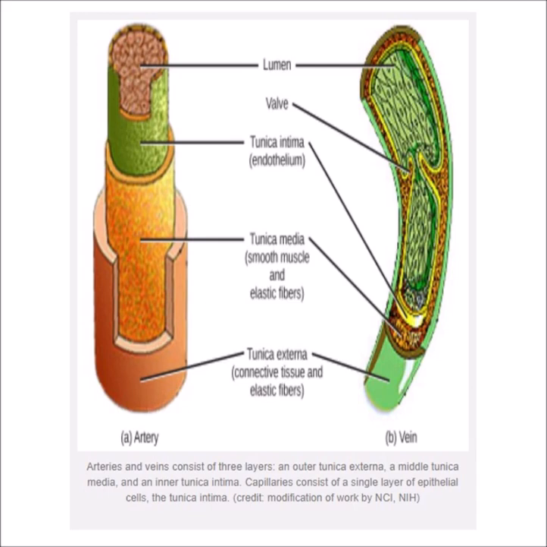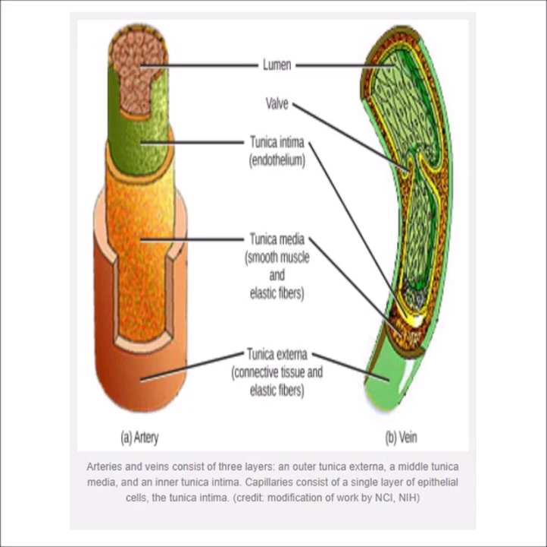The arteries have thicker smooth muscle and connective tissue than the veins to accommodate the higher pressure and speed of freshly pumped blood. The veins are thinner walled as the pressure and rate of flow are much lower.